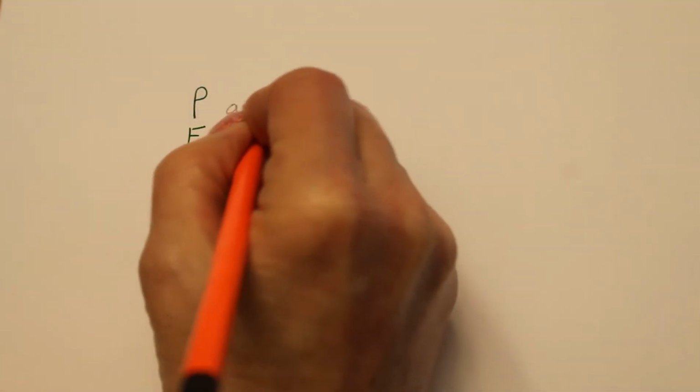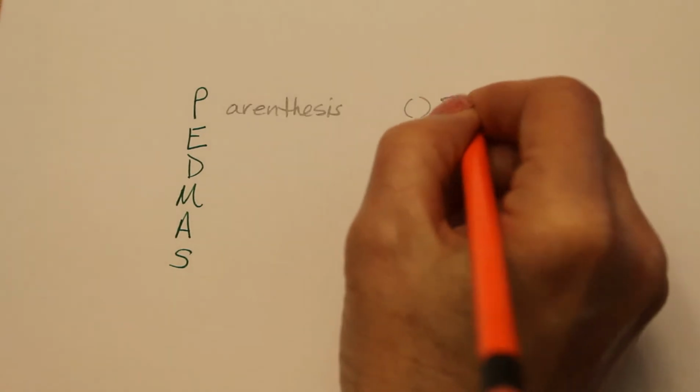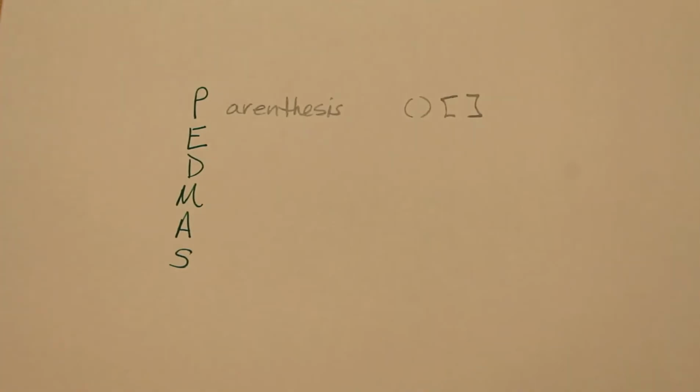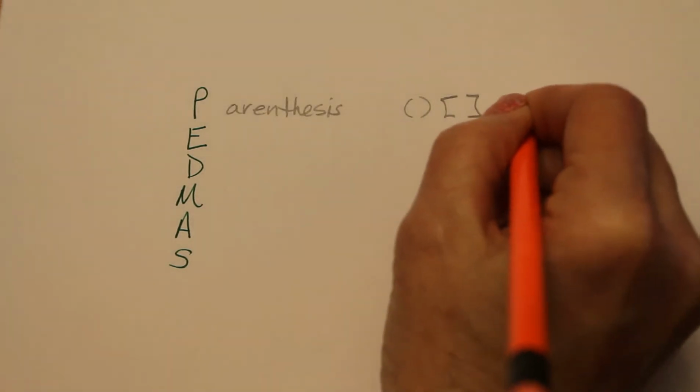So, first of all, you do everything that is in the parentheses. And parentheses can look like parentheses, or they're also called grouping symbols. They could be square brackets. They can be set notation.